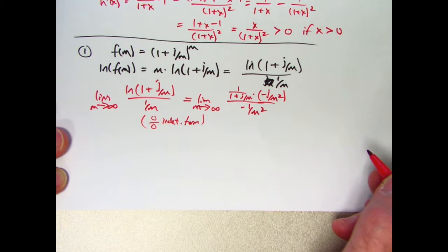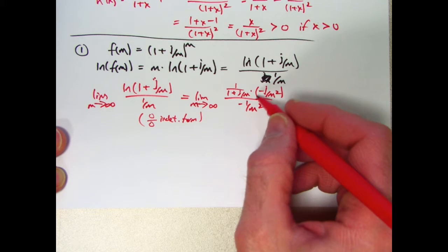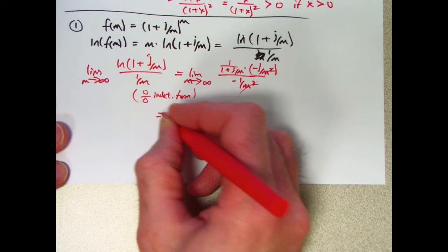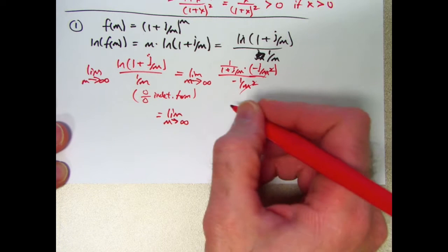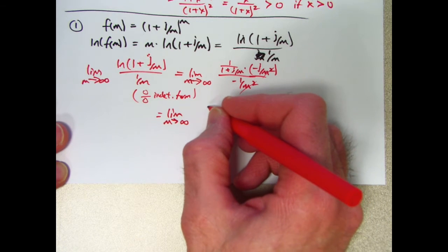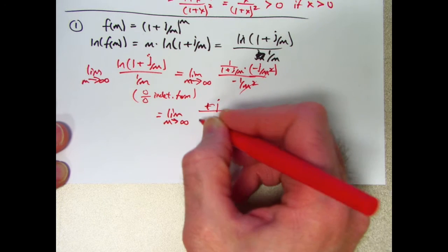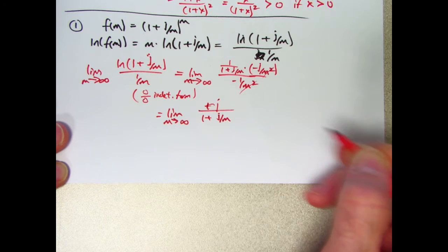And we might think, okay, do I have to use L'Hopital's rule again? No, don't use it again. Simplify. The negative signs cancel, the m squareds cancel. We get the limit as m goes to infinity of j over 1 plus j over m.